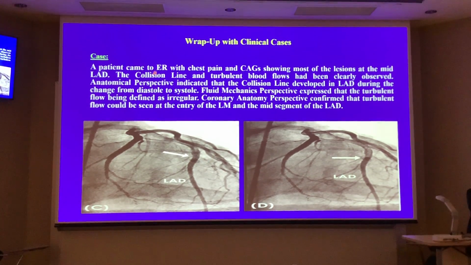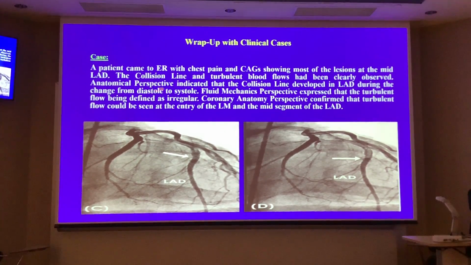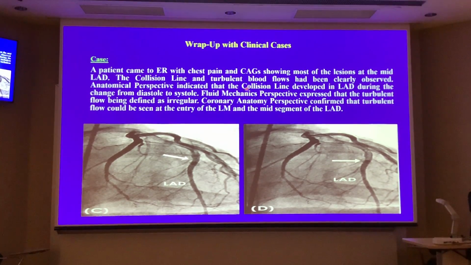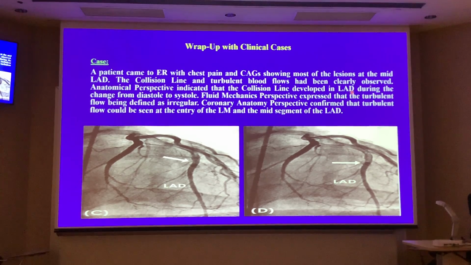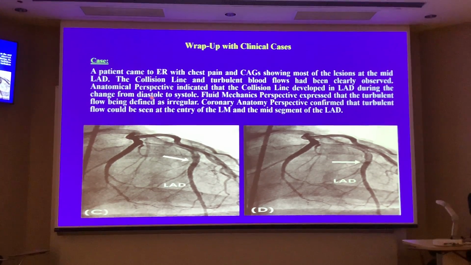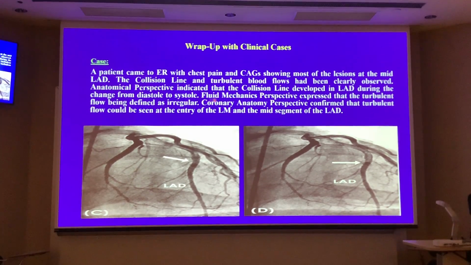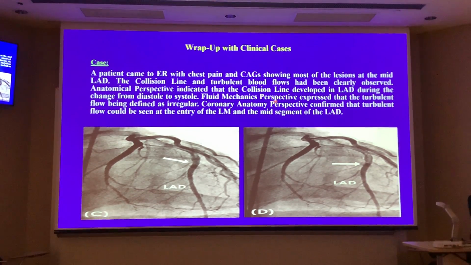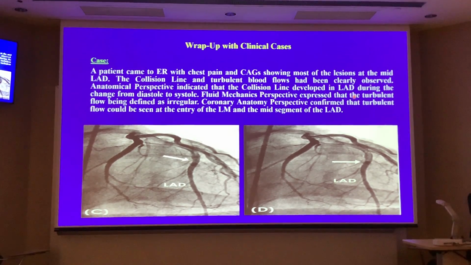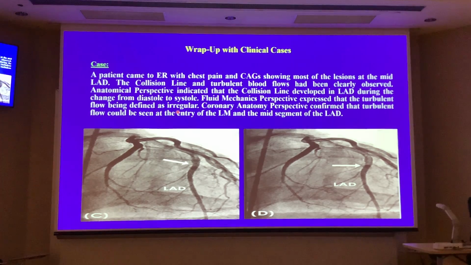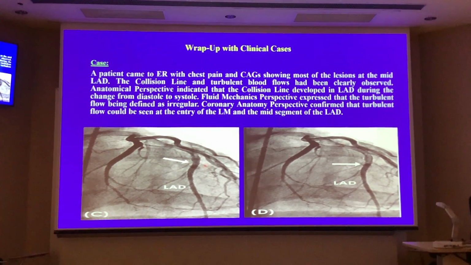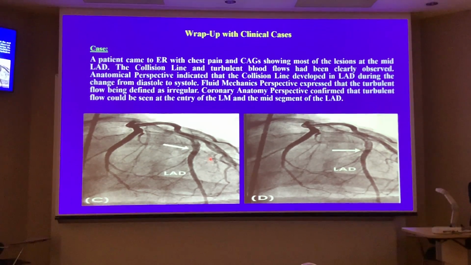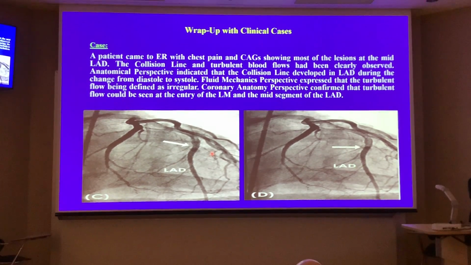The anatomical perspective indicated that the collision line developed in the LAD during the change from diastole to systole, and the fluid mechanics perspective expressed that turbulent flow is defined as irregular. That makes sense because the definition of turbulent flow is very disorganized.